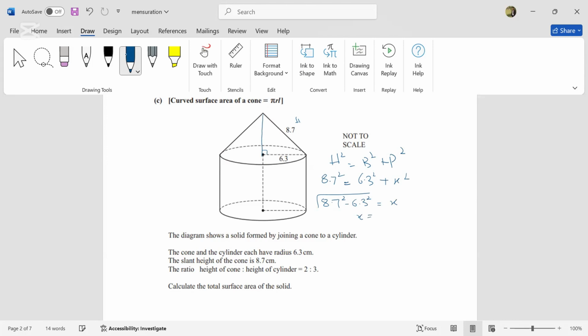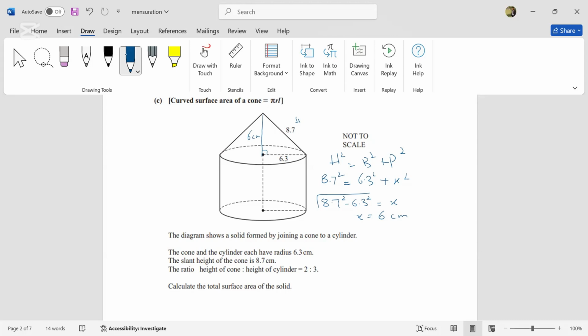Okay, calculator is allowed, being P2. So when we subtract and put it in the calculator, we will get 6 centimeter. It means our height of cone is 6 centimeter.